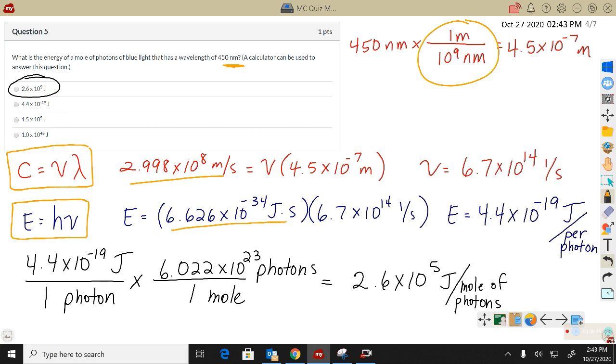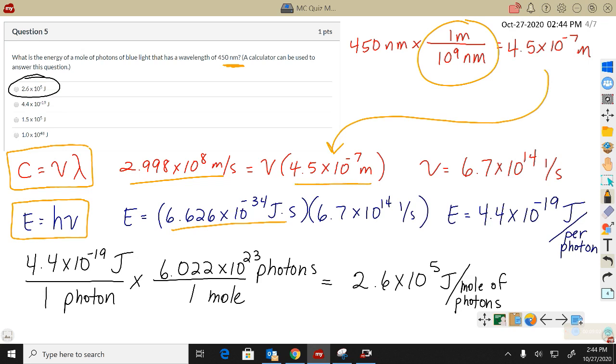And it's not the worst metric conversion to remember because nano is 9. You could also do 10 to the negative 9th meters is equivalent to 1 nanometer. Either is fine. And so I get about 4.5 times 10 to the negative 7th meters, and then I can plug that in as my wavelength.